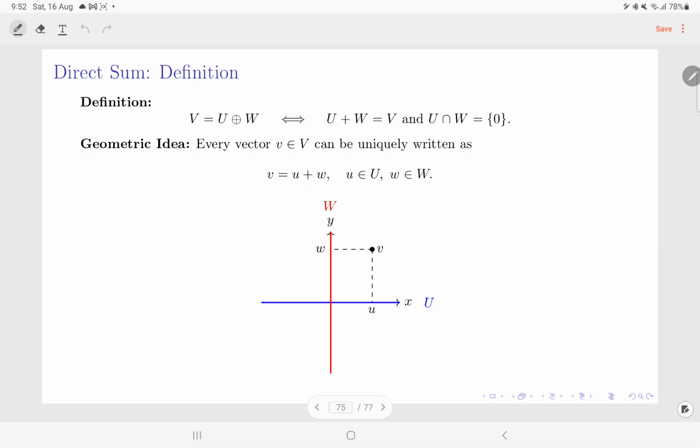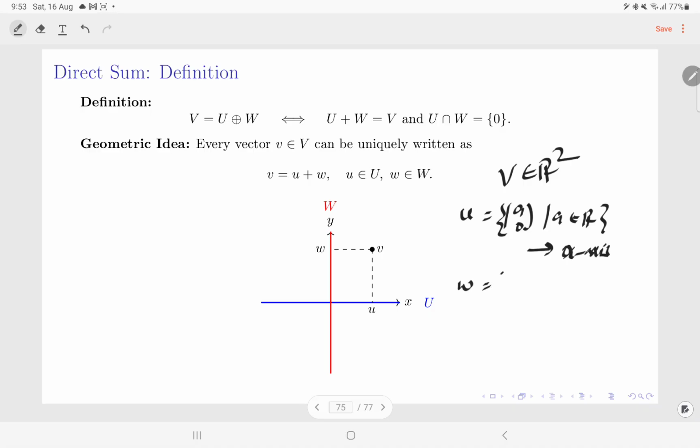Let's see this example in R2 space. Here V is R2, and let's say U and W are subspaces of vector space V. Is this a direct sum? Let me give you an example. Let's say U is the set of (a, 0), where a comes from your field, which is nothing but your x-axis.